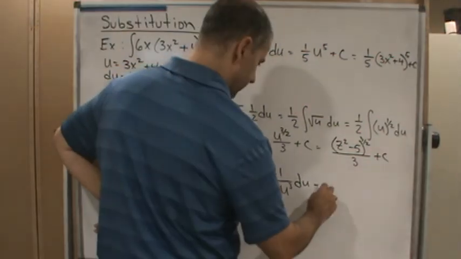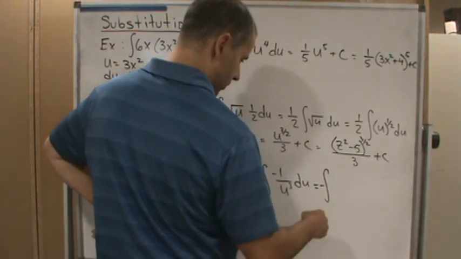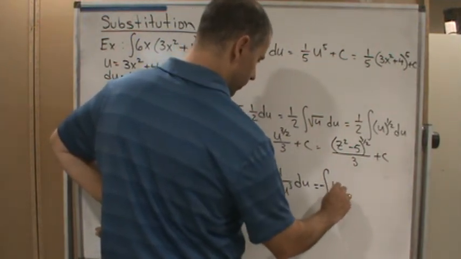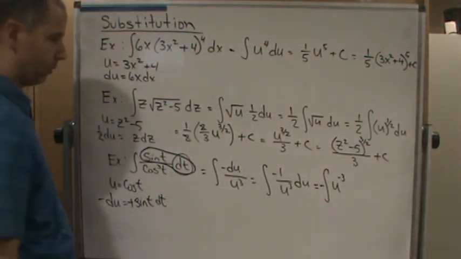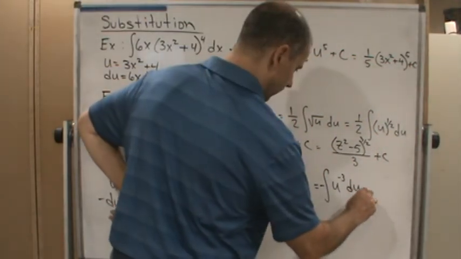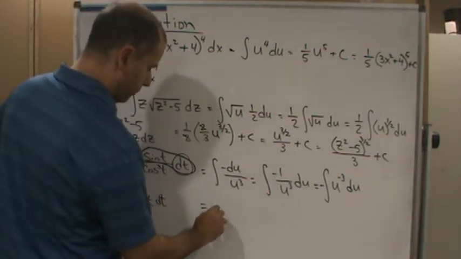Or you can write it as negative outside, so it's -1, and then you get u to the -3rd power du. Now you can use the power rule for integrals. So this is going to equal what?